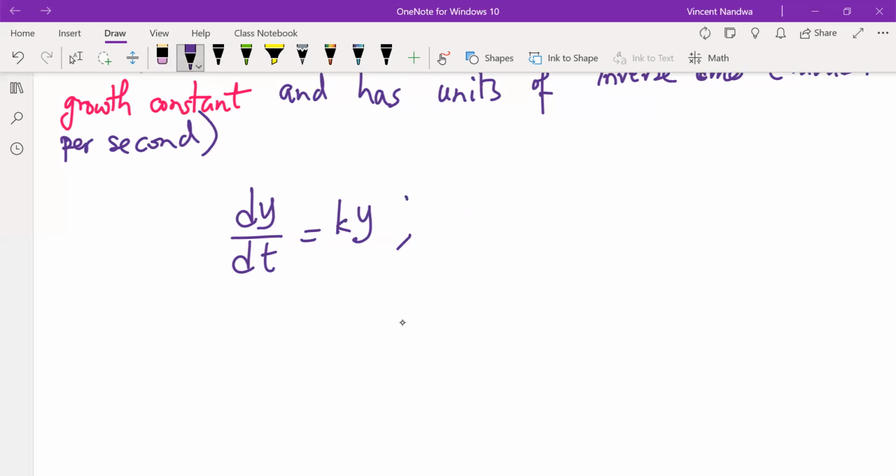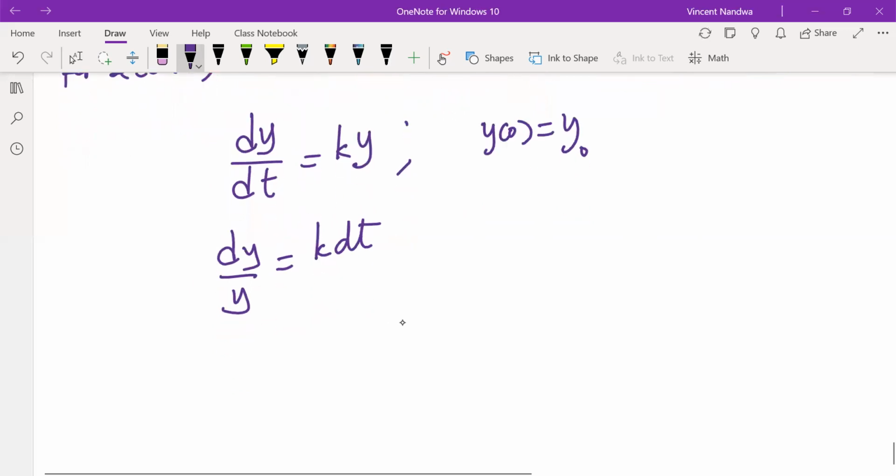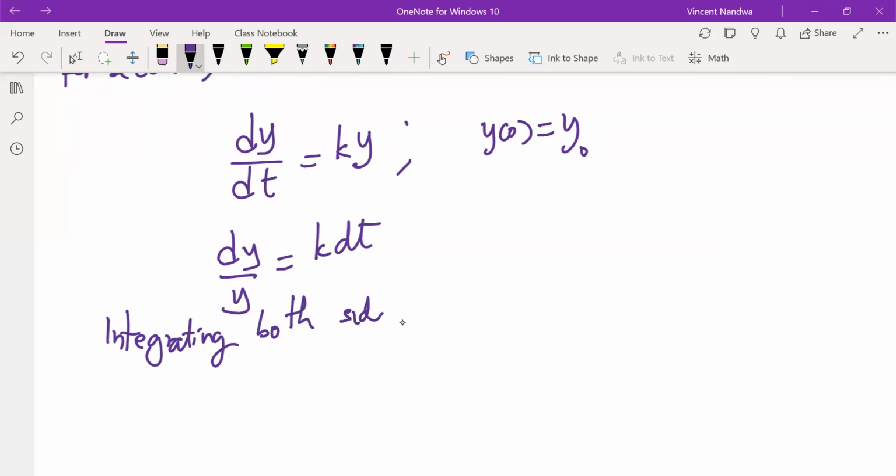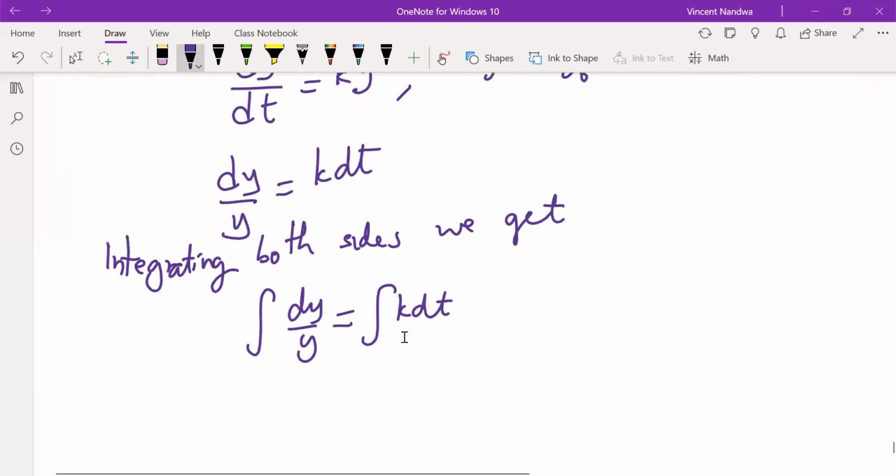So if we let the value of y at t equals 0 to be y naught, then separating variables we have dy over y equals k dt, integrating both sides, we get integral of dy over y equals integral of k dt, which gives ln of y equals kt plus c.